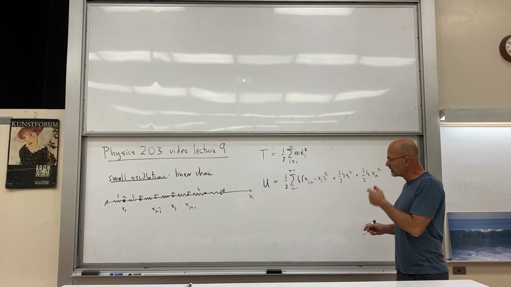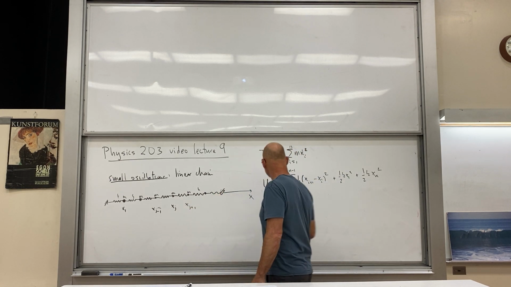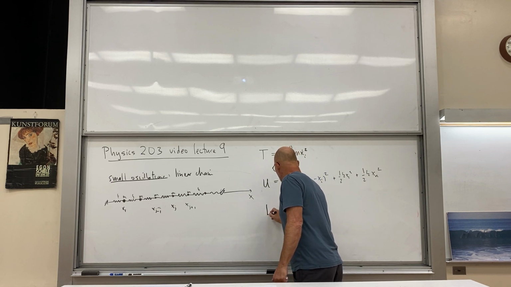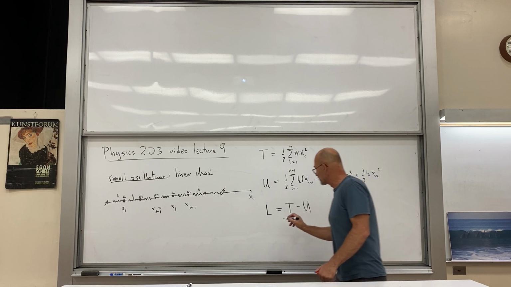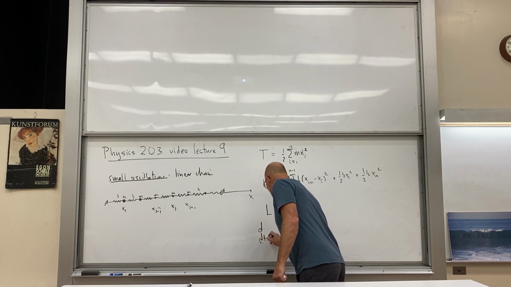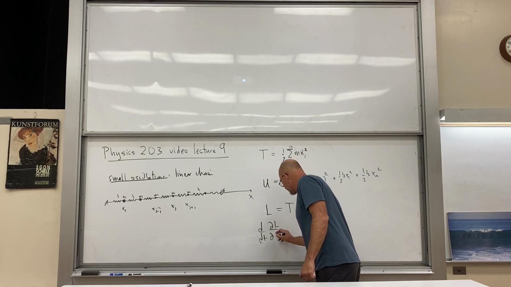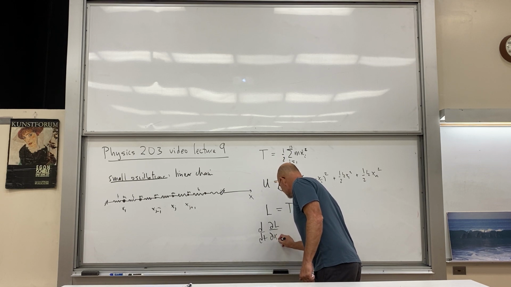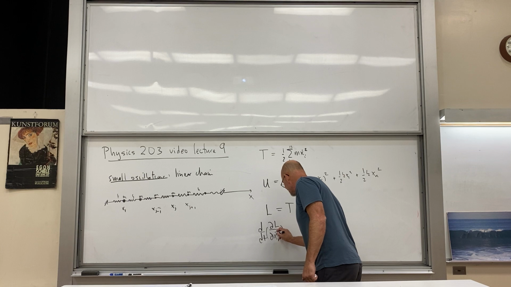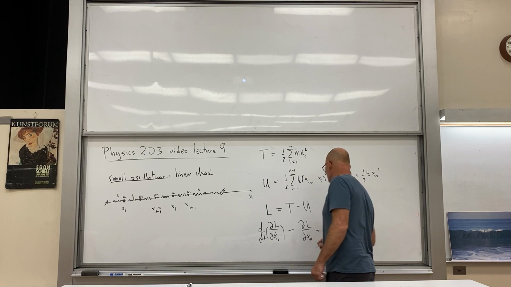Okay? So we're going to do our Euler-Lagrange equation for this jth particle. So we have Lagrangian is just T minus U, and we're looking at d/dt of partial L with respect to x nu dot, minus partial L with respect to x nu, equals 0.